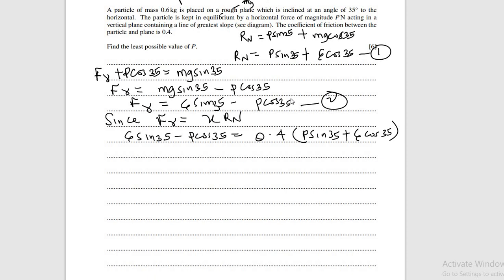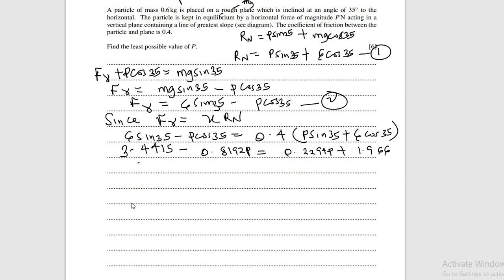So now let's do our math. Okay, 6 sine 35 will give us 3.4415, minus P cos 35, which gives us 0.8192P, equal to 0.4 multiplied by P sine 35, that gives us 0.2294P, plus 0.4 multiplied by 6 cos 35, that's 1.966.